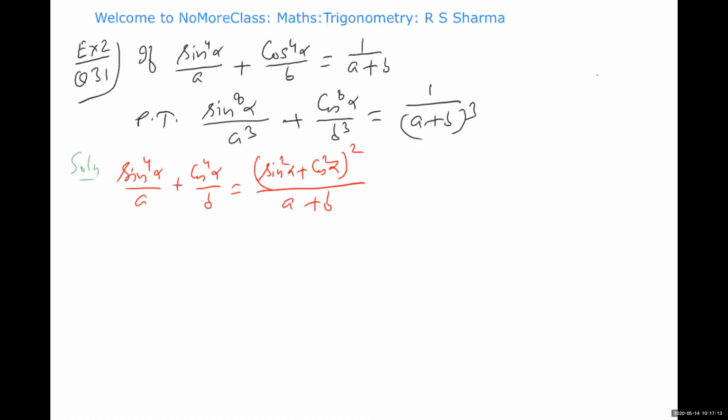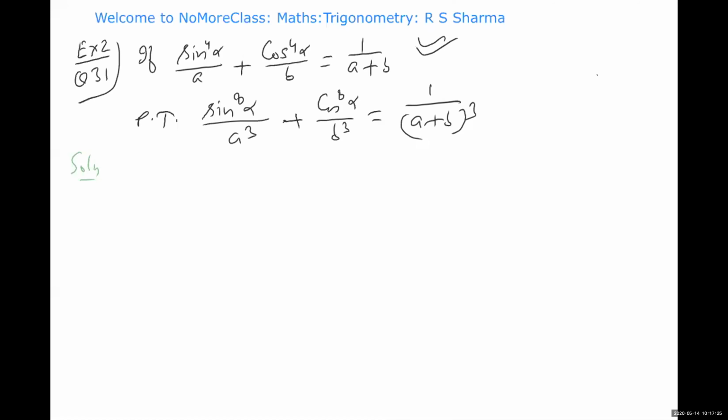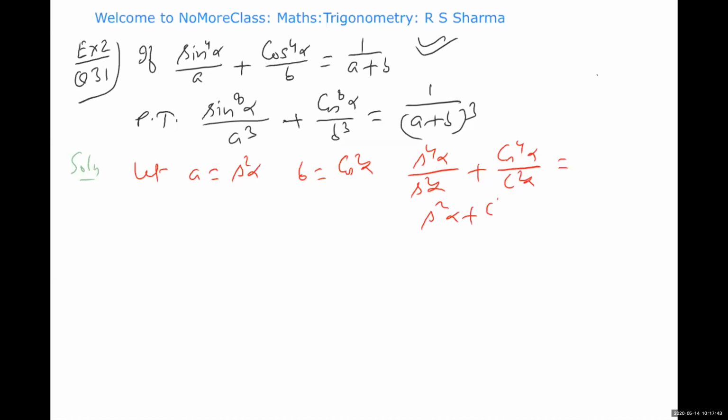If you take A is equal to sine square alpha, B is equal to cos square alpha, you get sine 4 alpha upon sine square alpha plus cos 4 alpha upon cos square alpha, which is sine square alpha plus cos square alpha is equal to 1, and this is 1 upon sine square alpha plus cos square alpha, equal to 1.